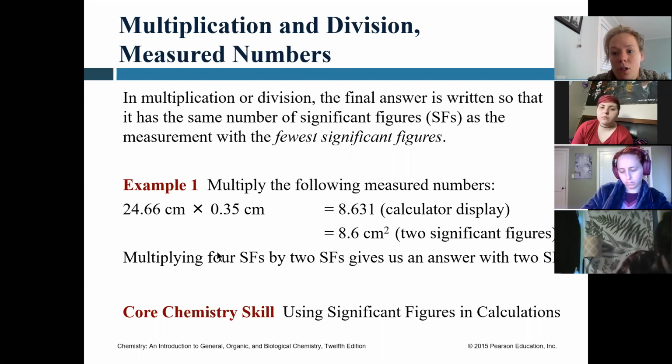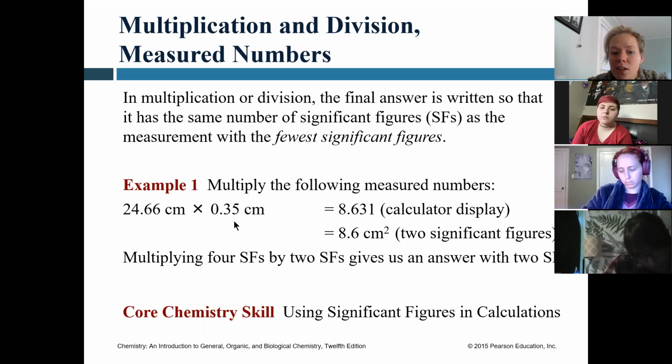Okay, so if we look at these two numbers here, and I take 24.66 centimeters and I multiply it by 0.35 centimeters. This number here has 4 significant figures. This number over here only has 2 significant figures. So my final answer, although the calculator displays a number with 4 sig figs, I can only honor 2 sig figs.